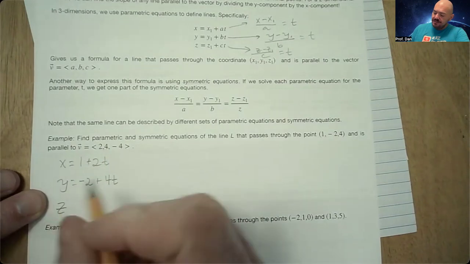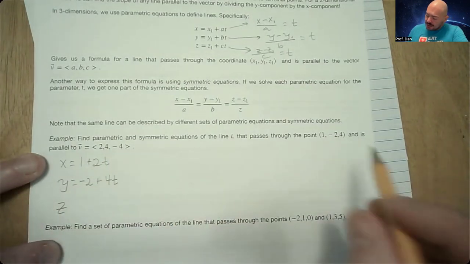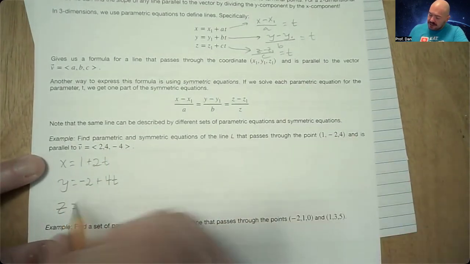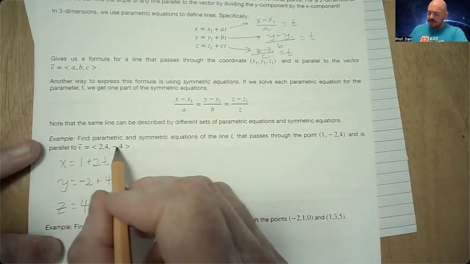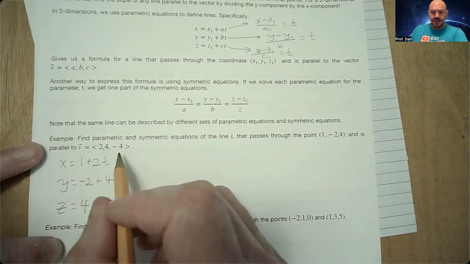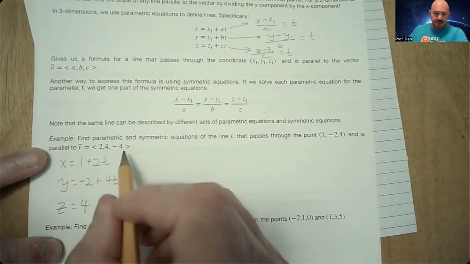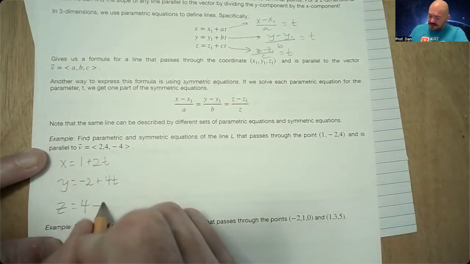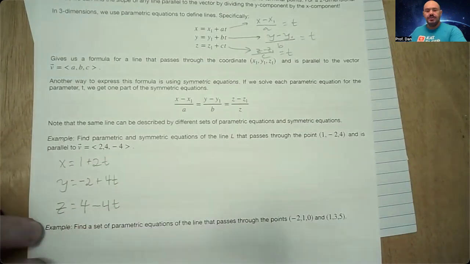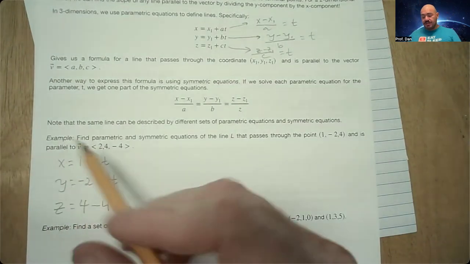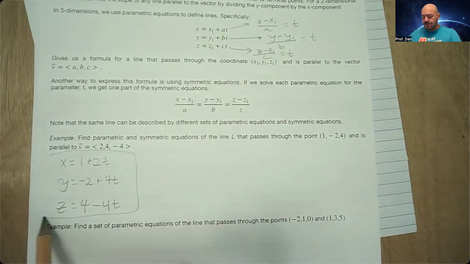And for z, I take the z coordinate from the point, 4, and the slope from the z component of the vector, so minus 4t. And these are the parametric equations.